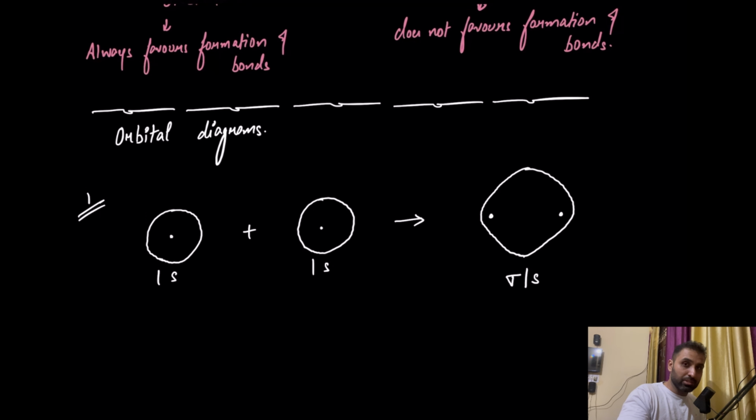Because s and s orbital always overlap to form the sigma bonds. If it's 2s, then it is sigma 2s. The molecular orbital will be named as sigma 2s. Now, we got the first bonding molecular orbital.